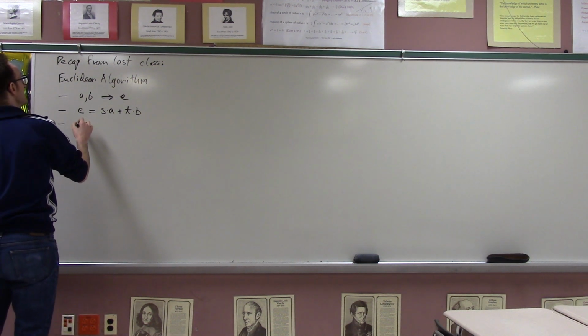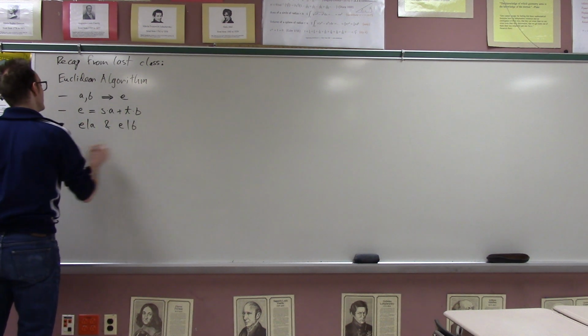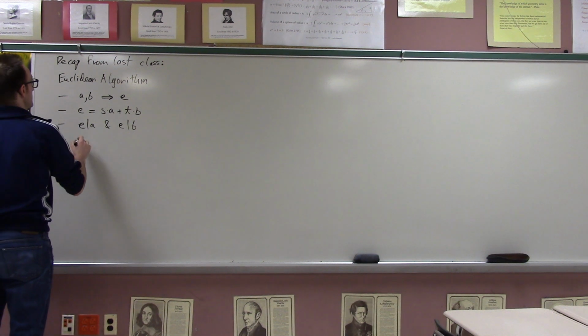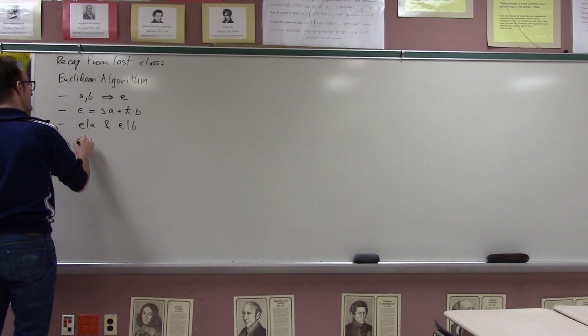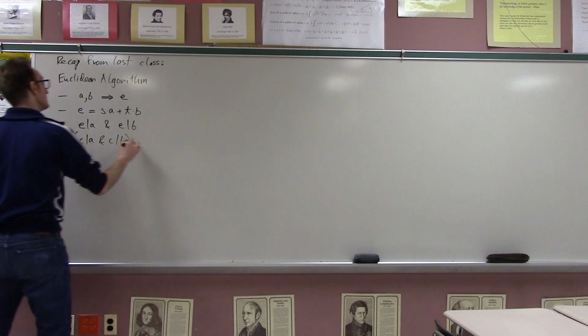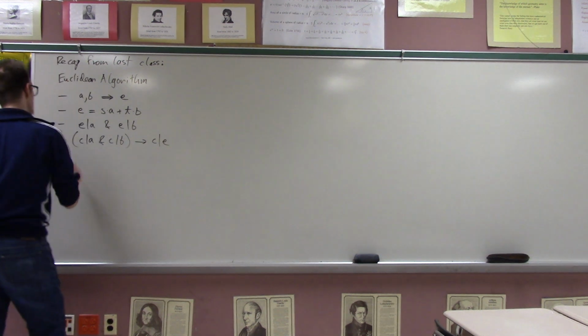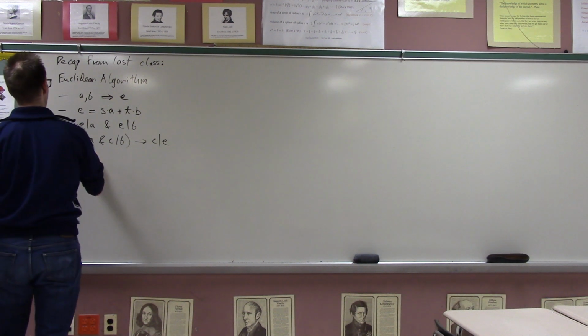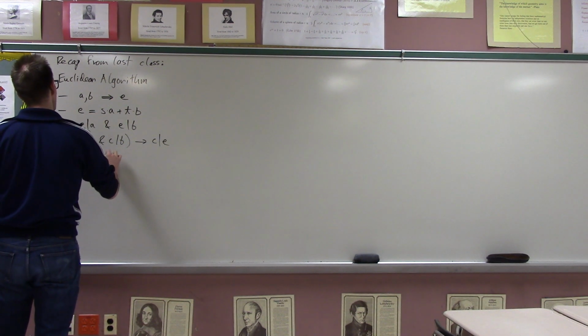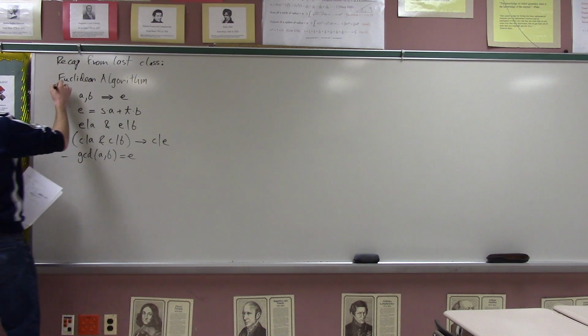We then showed that E is a common divisor, that E divides A and E divides B. And then we showed that if C divides A and C divides B, then C divides E. In other words, the GCD of A and B is E. This happened in several steps, and I'm not going to go through all the details again.